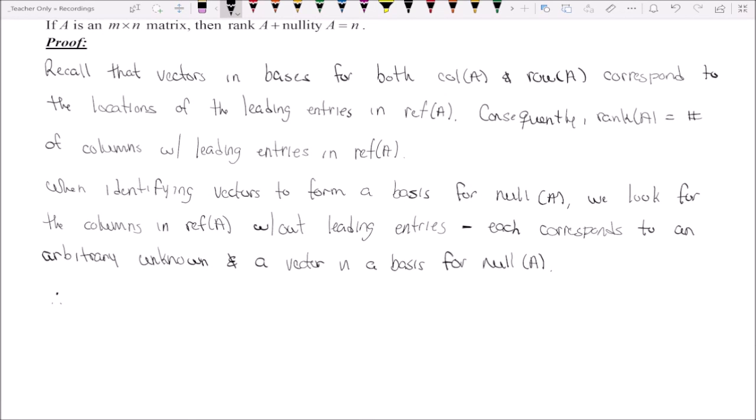So what we find is that the nullity of A equals the number of columns without a leading entry.